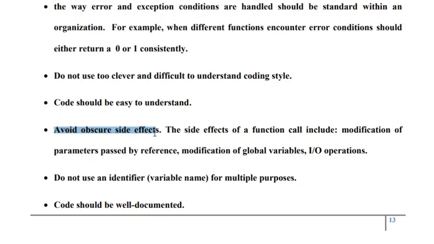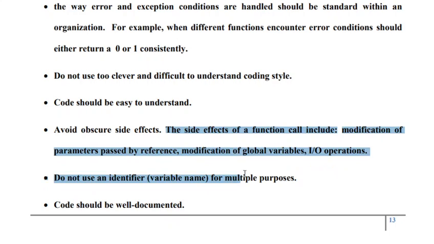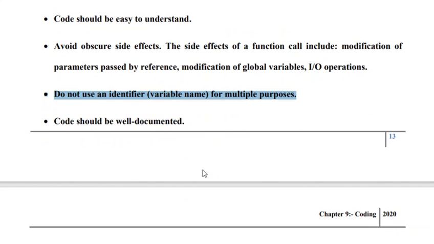Then it may be difficult to monitor the progression or the way the function would behave. So there has to be a proper mechanism defined for the way variables are accessed and how values are modified. What we should not do is use the same identifier for multiple purposes, right?